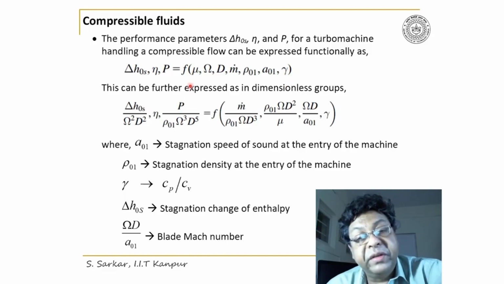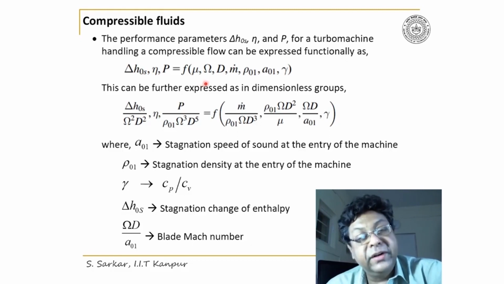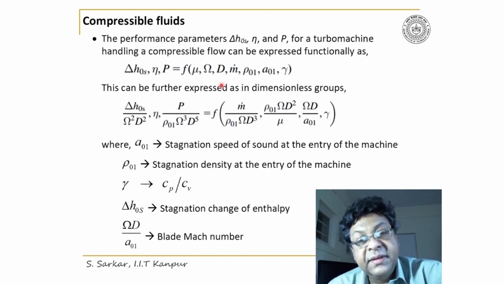Here mu is the viscosity, omega is the rotational speed in radian per second, d is the diameter of the impeller, m dot is the mass flow rate through the machine, rho 01 is the stagnation density at the entry of the machine.